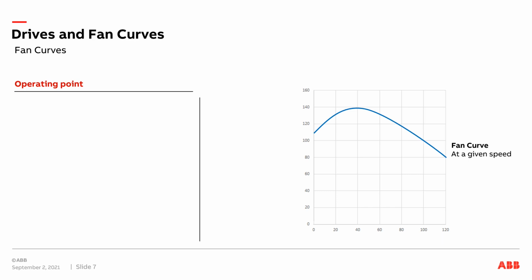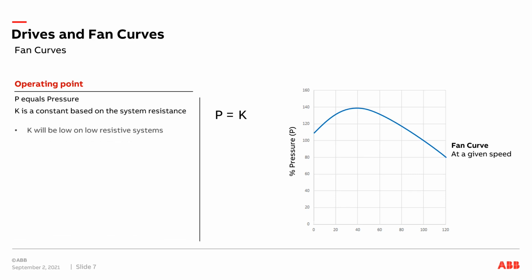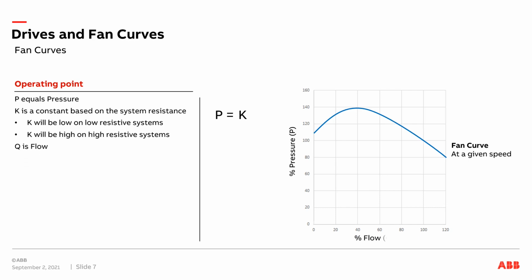Let's look at the operating point. P equals pressure. Pressure is on the vertical of the graph, and it's shown in percentage. We're going to use percentages to normalize our results. K is a constant based on the system resistance. The value of K will be low on low resistive systems. The value of K will be high on high resistive systems. Q is flow.